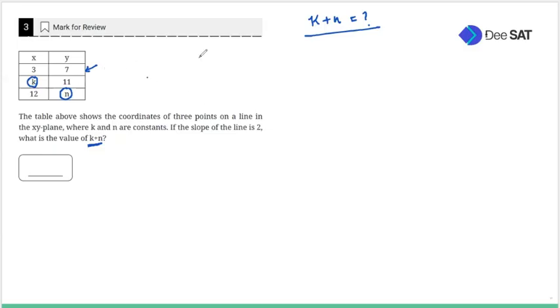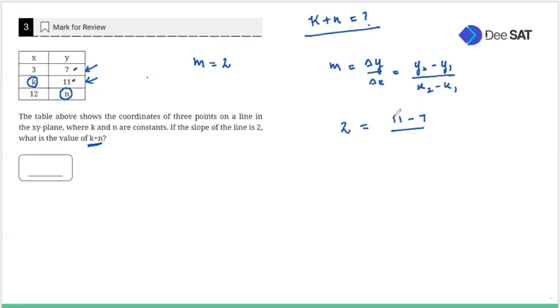As the value of the slope is available to me as 2, I know the formula for the slope, that is change in y over change in x, which can be written as y2 minus y1 upon x2 minus x1. I can plug in the values for the first 2 points very easily. So 2 is equivalent to y2 minus y1, that is 11 minus 7, and then x2 minus x1, that will be k minus 3.